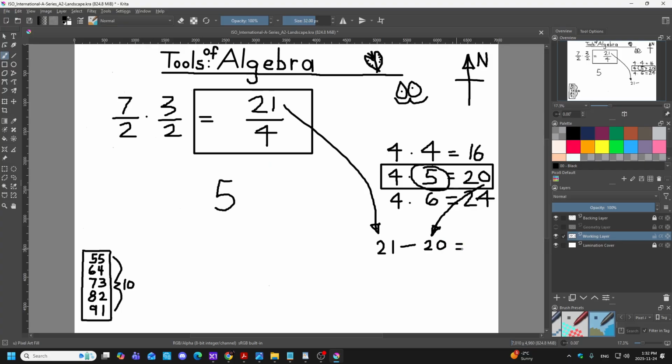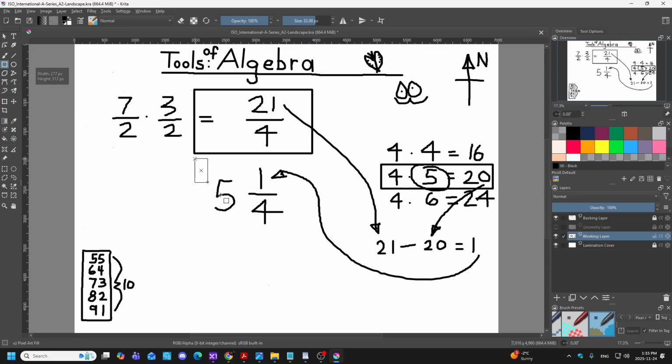And that's going to equal 1. That's our numerator. Okay, so this is that. And our denominator always unchanged. Okay, that's going from improper to mixed in a nutshell.